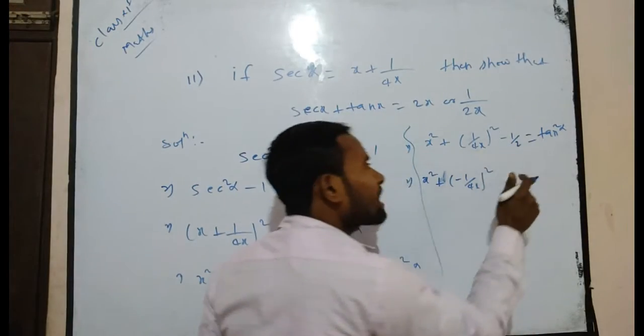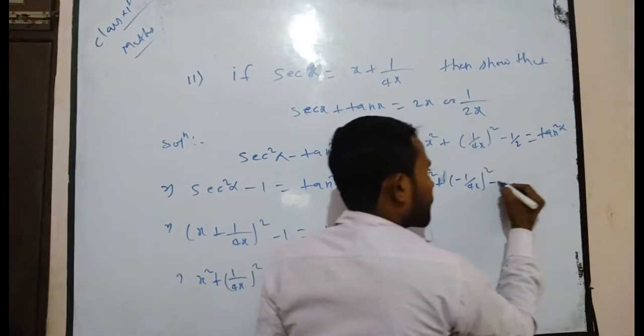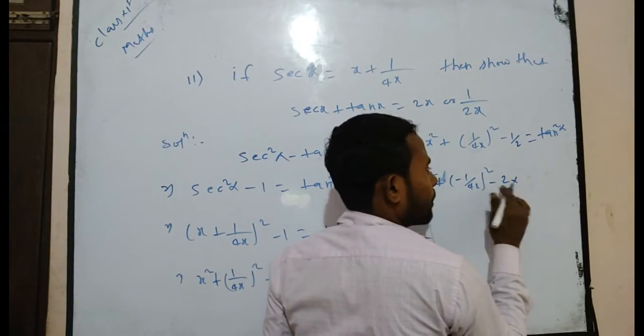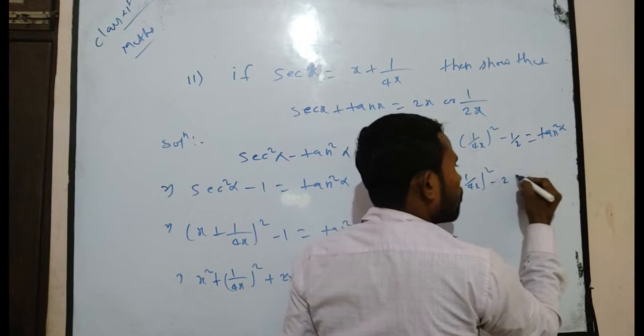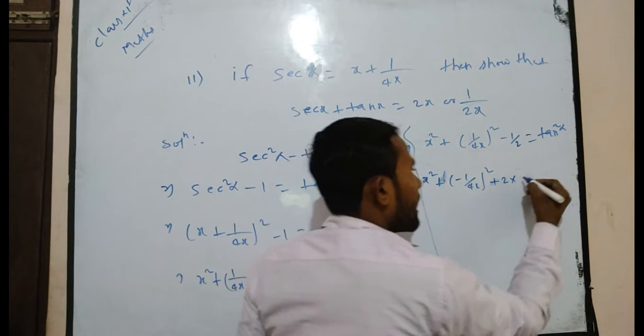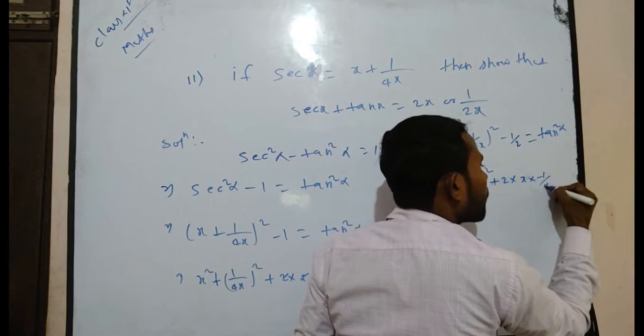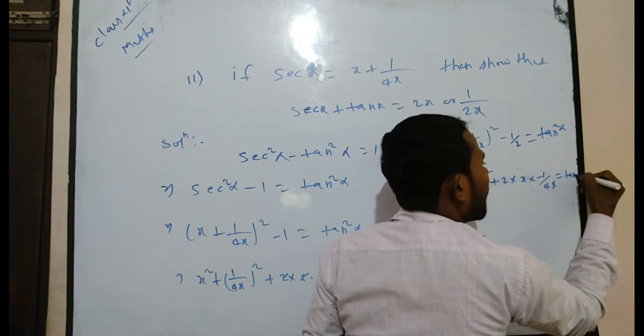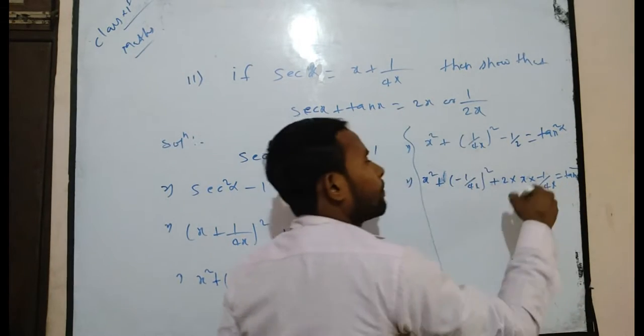You can write minus half as 2 times x into minus 1 upon 4x, equal to tan square alpha. Here I have written tan square alpha.